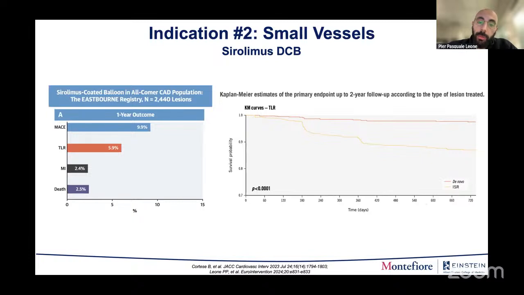And when we look at the nature of the lesion, what we see, and this is definitely expected, is that with in-stent restenosis there's an accrual of events that is really relevant.